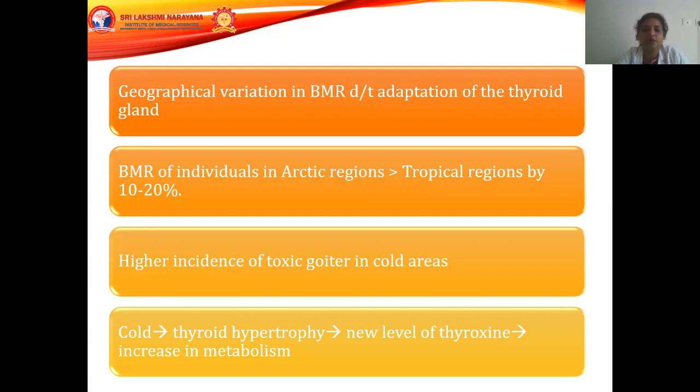In cold, there will be thyroid hypertrophy and new levels of thyroxine. The higher levels which are achieved set a new higher level, and hence there is an increase in metabolism and body temperature to manage the cold in the surrounding environment. This is called the geographical variation in BMR due to the adaptation of the thyroid hormone.